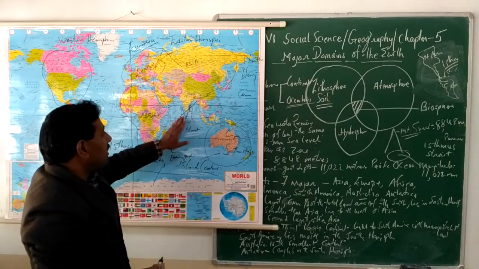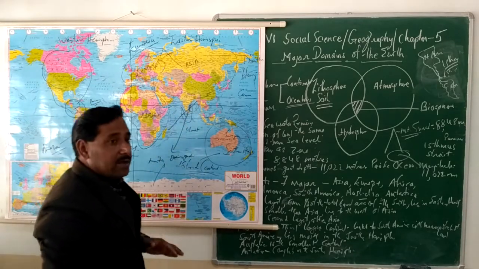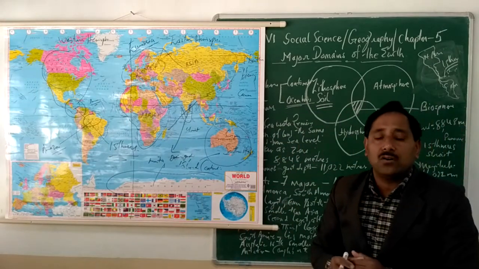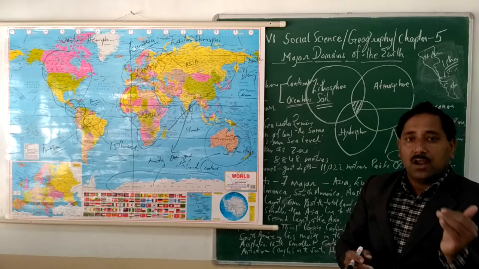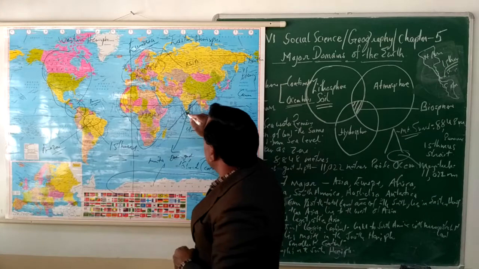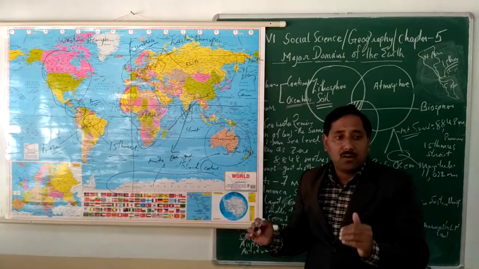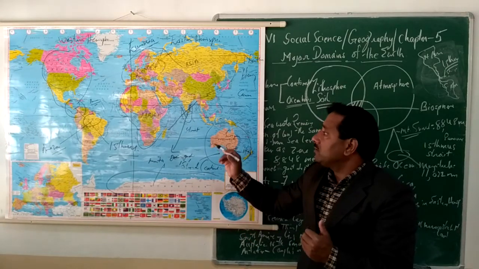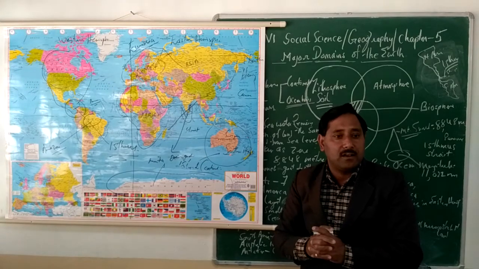It's like the strait which separates Sri Lanka from India. That is known as the Palk Strait, which separates India from Sri Lanka. This is a narrow stretch of water body, ocean or sea. So that is known as a strait.